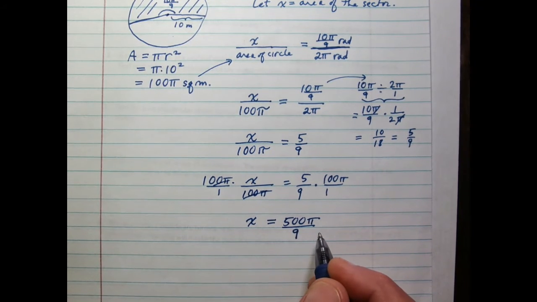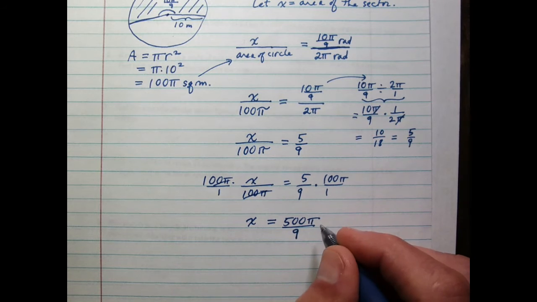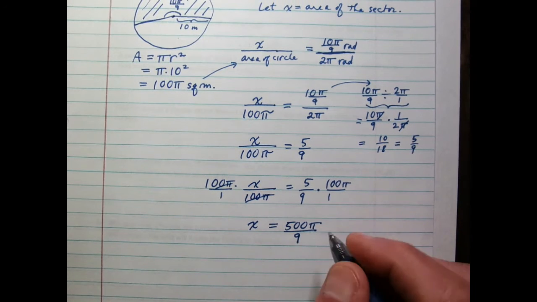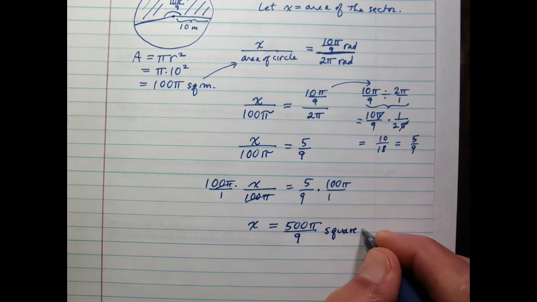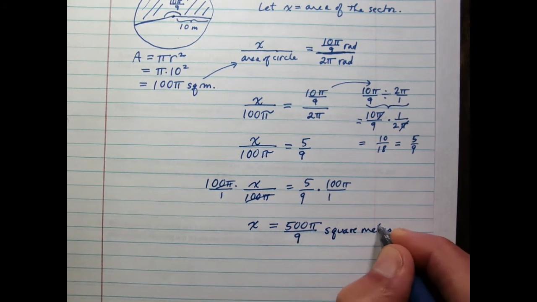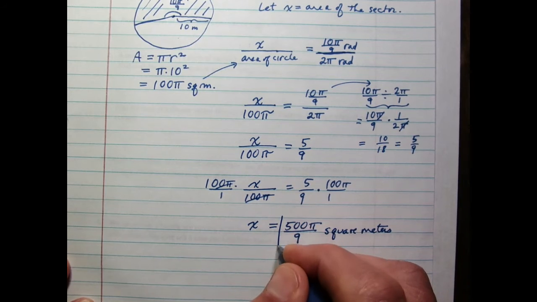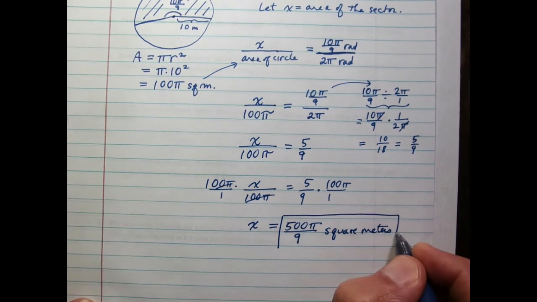I don't think that can be reduced at all for an exact value. Now my units here are units of area, so I'll write out the words. It's square meters. If you say meters, it's wrong. It's square meters, units of area.